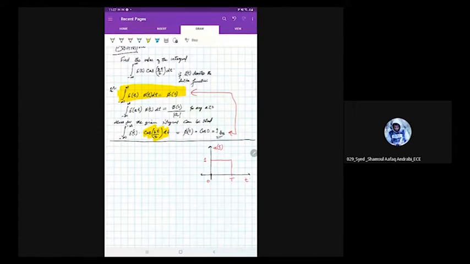First of all, if we would like to represent this rectangular pulse in terms of a mathematical expression, we can write down the expression. So the question is to find the Fourier transform.